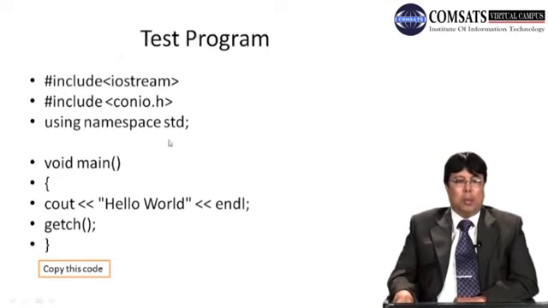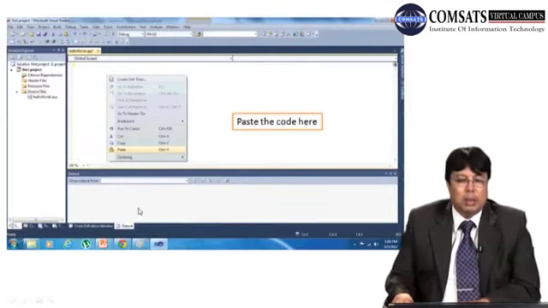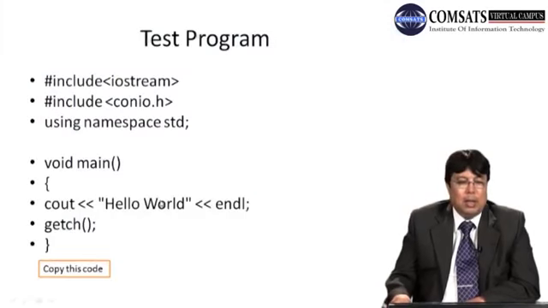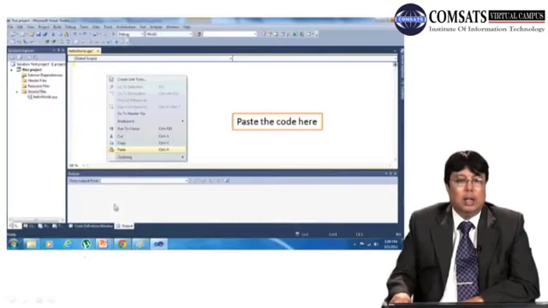You can copy these instructions and paste them into the window. Okay, you remember? You can use Ctrl+C, go back again, copy this code, highlight this code, Ctrl+C will copy it into the buffer, and then here you can just paste this code.